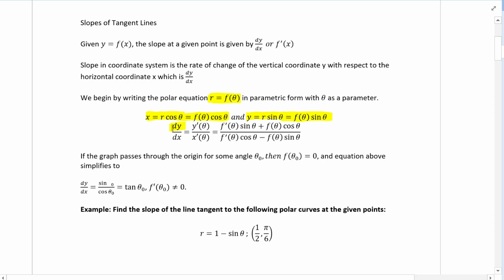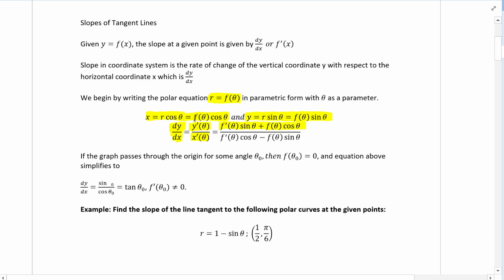If we want to find dy/dx, the slope of the tangent line is going to be y prime of theta over x prime of theta. So dy d theta over dx d theta. And if we differentiate y, which is f of theta sine of theta, using product rule, we get f prime sine theta plus f of theta times cosine theta.